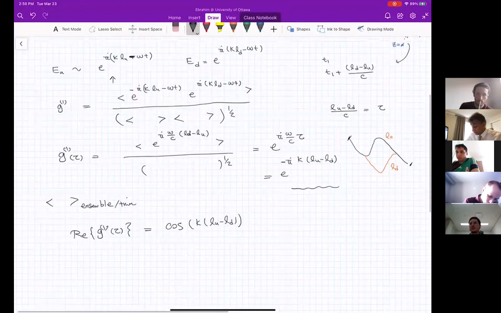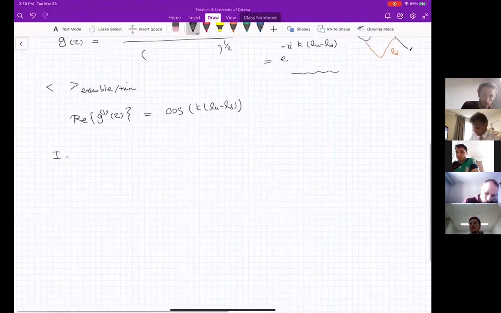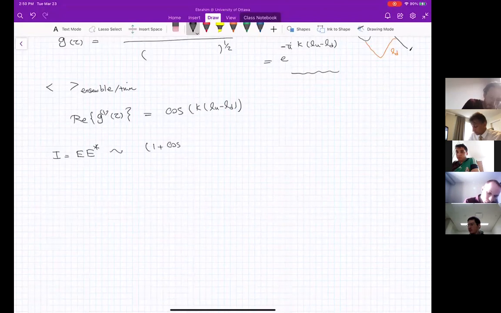So essentially, the irradiance or intensity, which we did the calculation for, E star, is now proportional to 1 plus cosine of k (LU minus LD). And if someone wants to simplify this, there was a factor of 2 at the front of each, which I took out. I simplified this. That's the reason that I have written it as proportional to this quantity.